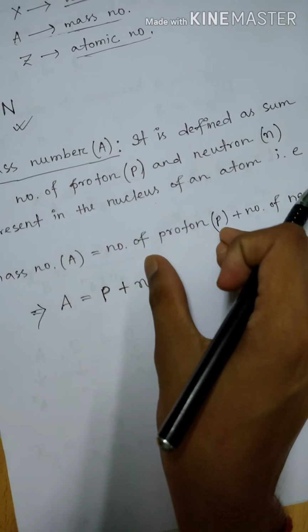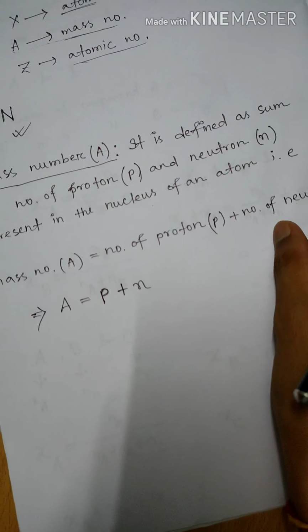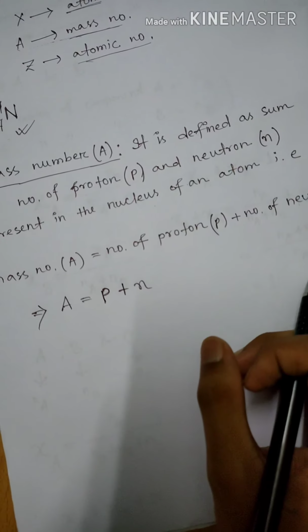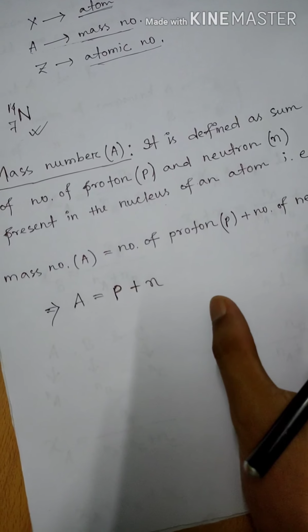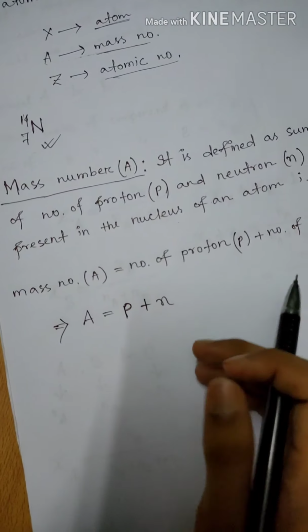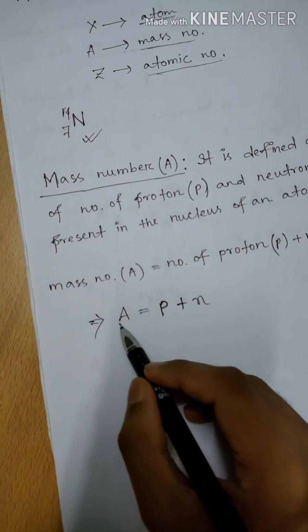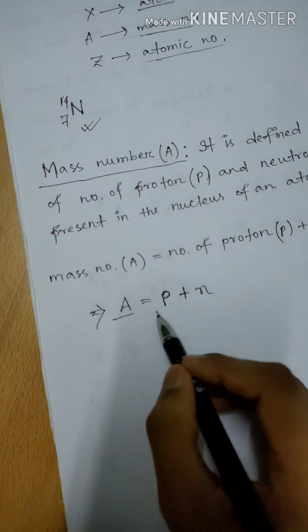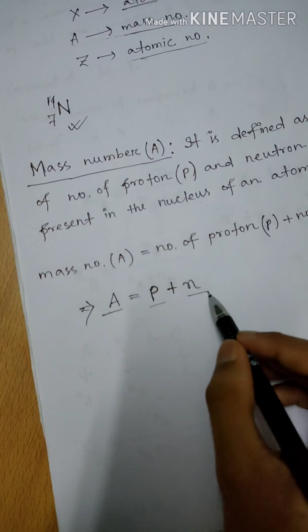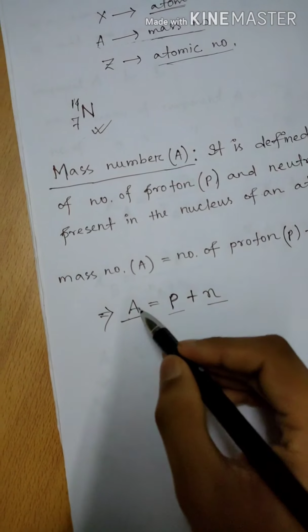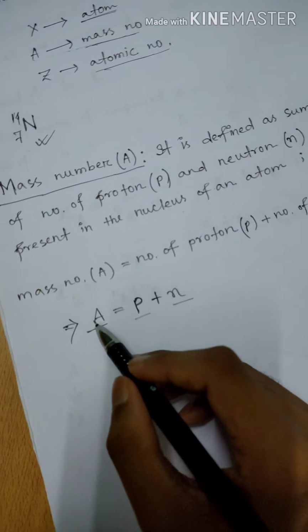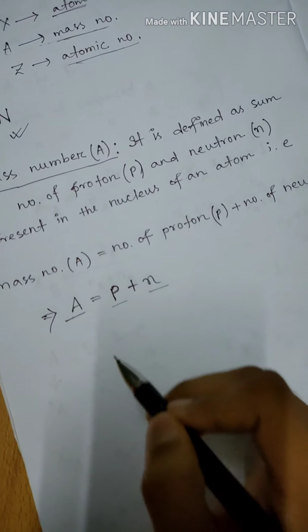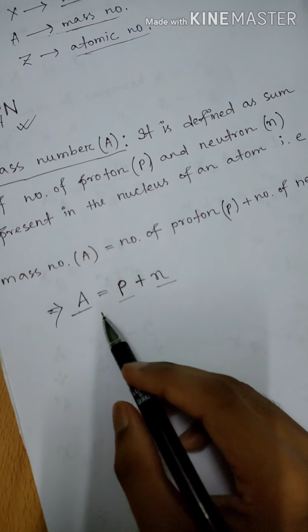If we add the number of protons and neutrons present in the nucleus of any atom, then we shall get the mass number of that atom. Okay, so mass number A is equal to number of protons plus number of neutrons. This is the formula.